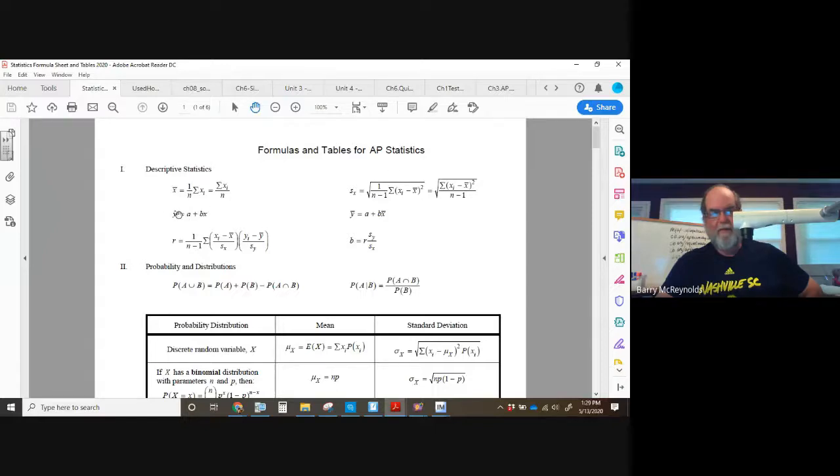Y hat equals a plus bx we've already looked at, but these two formulas right here allow us to calculate this prediction line just using the means and the standard deviations and this R value. Here's the equation for R. Not going to talk a lot about it. I don't think you need to know a whole lot about it.